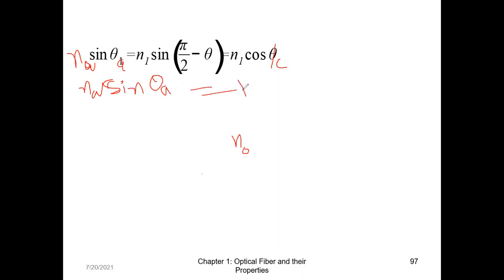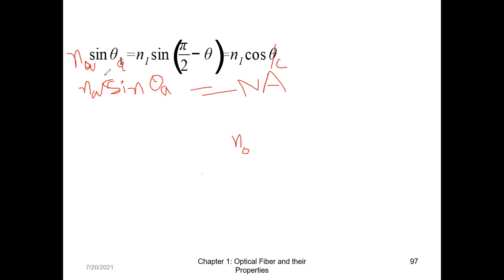Just see, the equation which I gave is not wrong. When I did this whole derivation, on this side we did all those permutations and combinations of square root of n1 square minus n2 square upon n1 square. We applied the Pythagoras rule to convert cos phi c into sin phi c.